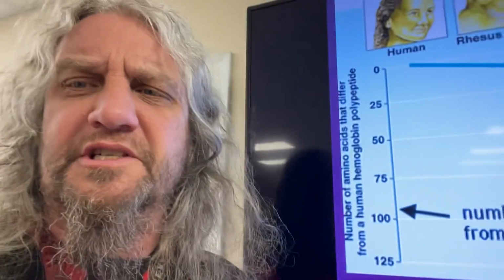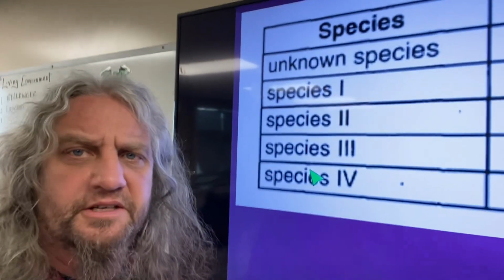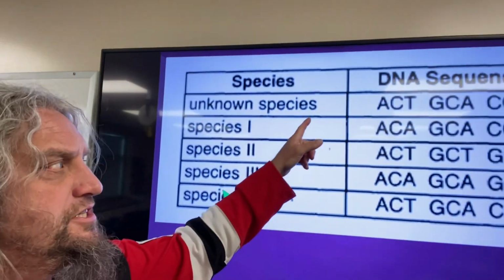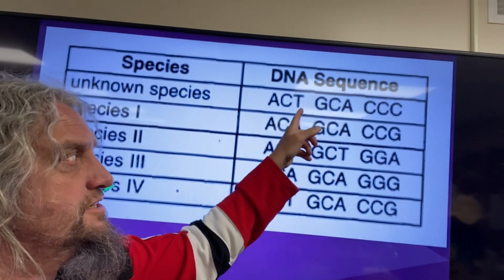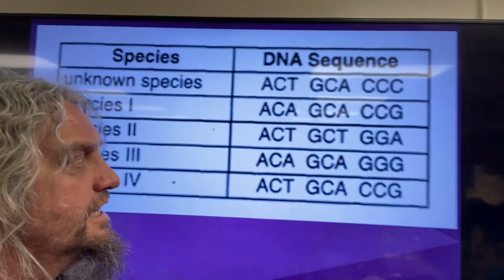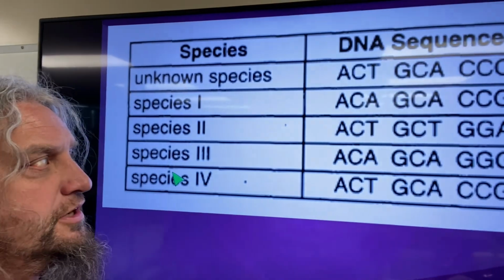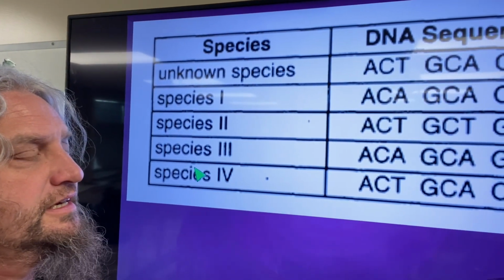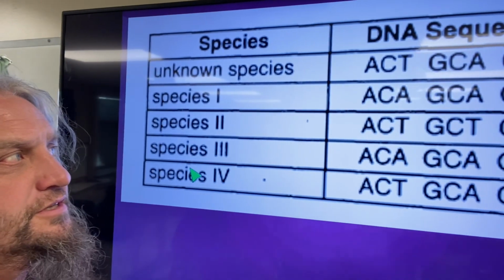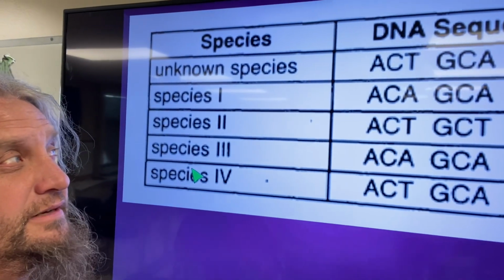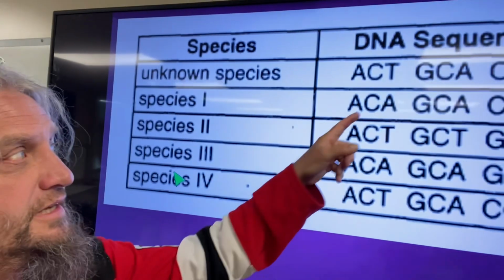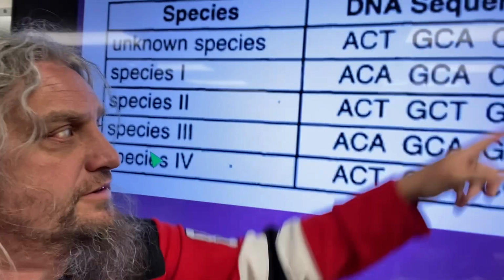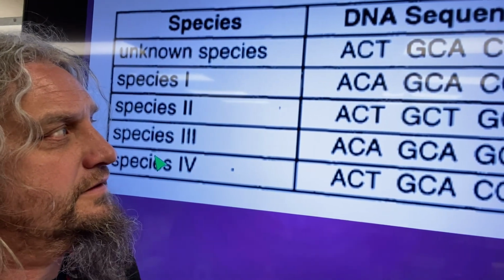Here's a typical question on the Regents. They'll do something like, you have an unknown species, here's its DNA sequence, ACT, GCA, CCC, and which one is most closely related? Or which species are most closely related? And so you're looking for who has the fewest mutations. Here, species 1 has 2 differences, okay?